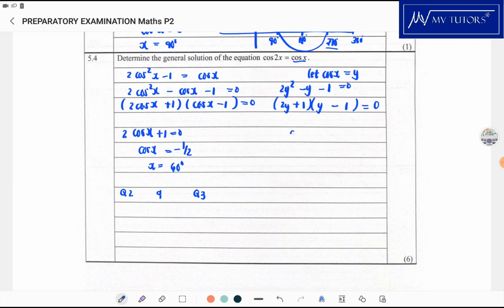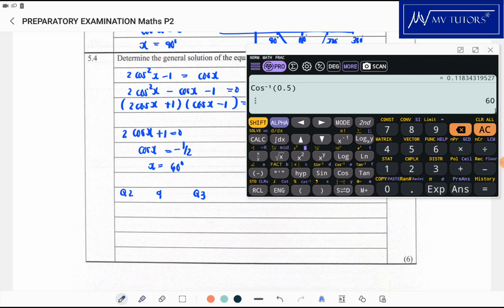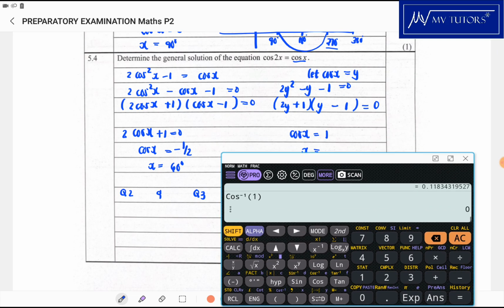Okay, then we have cos x minus 1 is equal to 0, so cos x is equal to 1. And as a result, our reference angle, I think it should be 0. So cos 1, that's 0. Did they give us an interval?